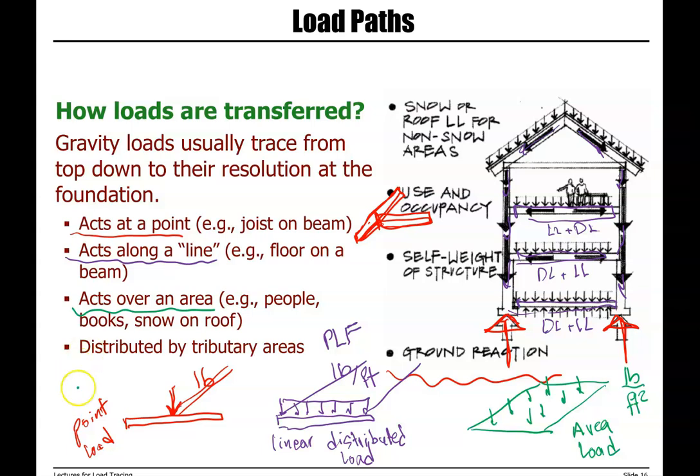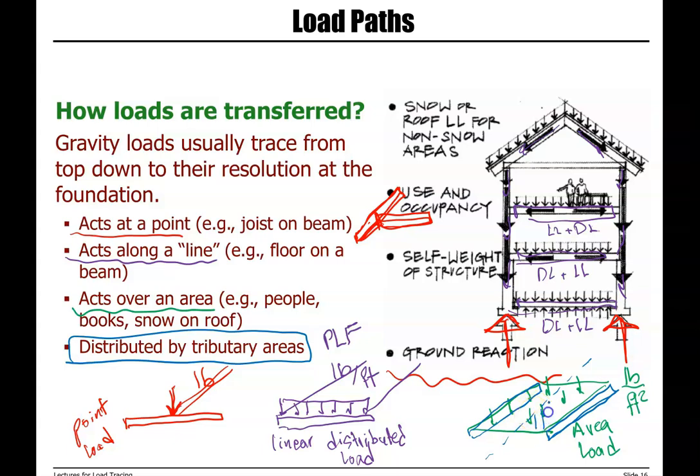And then finally, another type that we have is called distributed by tributary area. We will talk about this more, but we have an area, for example, a flooring system, and this flooring system is supported by two beams. We say that the load is divided between these two beams.